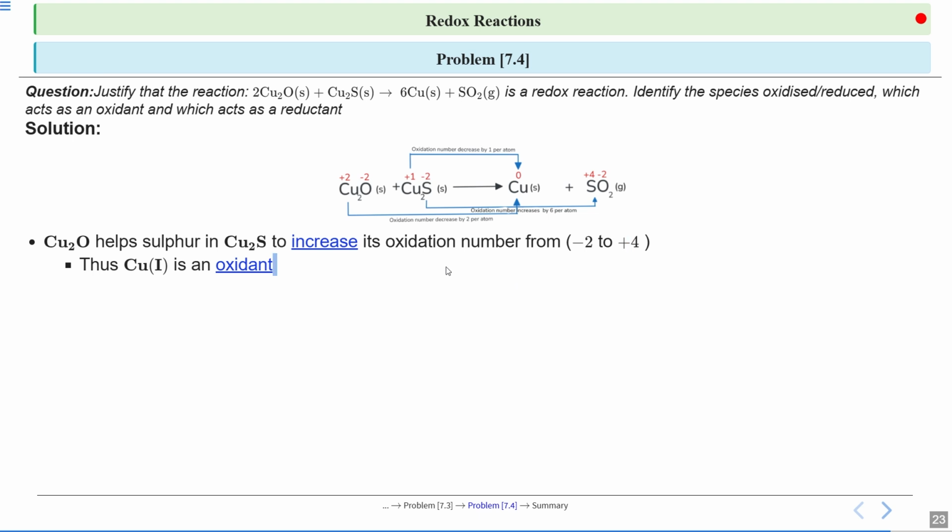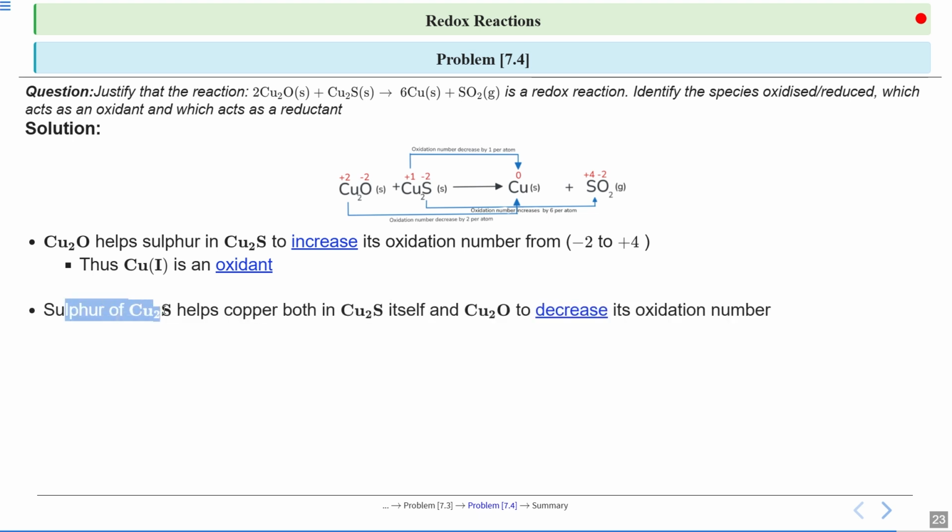That means here the copper has acted as oxidant, that means oxidizing agent. While the sulfur of Cu2S helps copper, both in Cu2S itself and Cu2O, to decrease its oxidation number, and hence we can say that the sulfur of Cu2S is reductant.